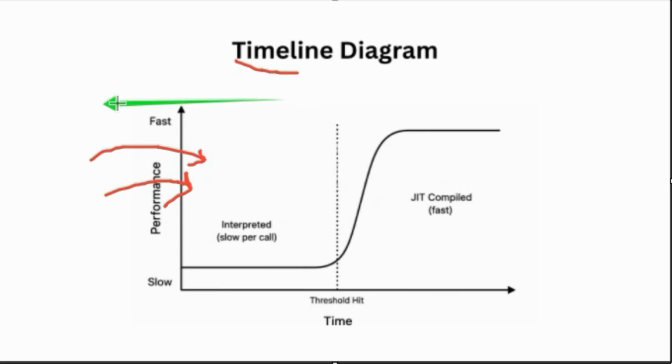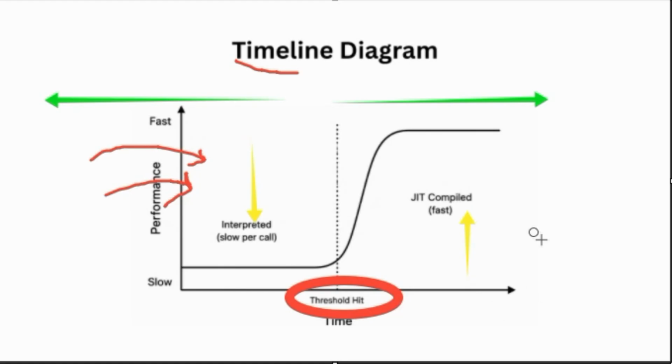That's the moment JIT decides to act. Just-in-time compiler. Now the right side. Now the code is JIT compiled. Fast. And here's the key. JIT compiles once. After that, the same native code runs again and again. First part slow. Second part fast. Threshold is where the magic happens.